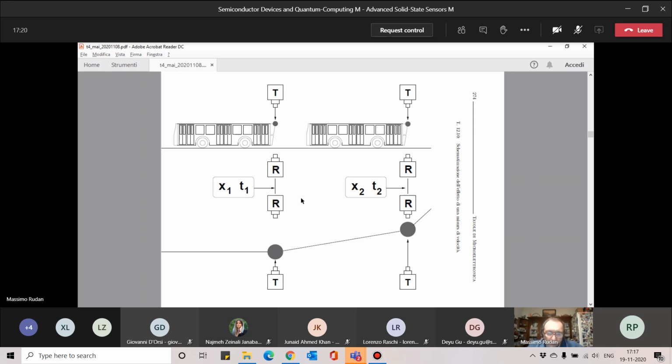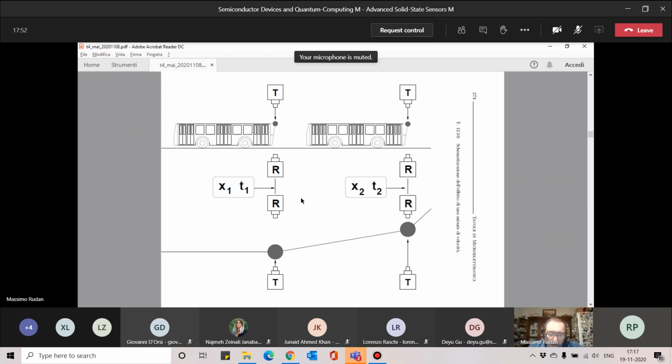Okay, the only thing that we can say is, well, we have the information that the object to be measured, the tennis ball that we want to measure, was at position x1 at time t1. And also then we have the information that it was at position x2 at time t2.